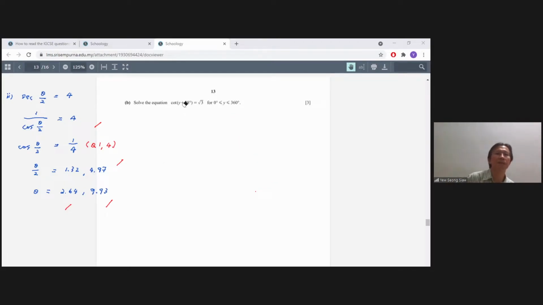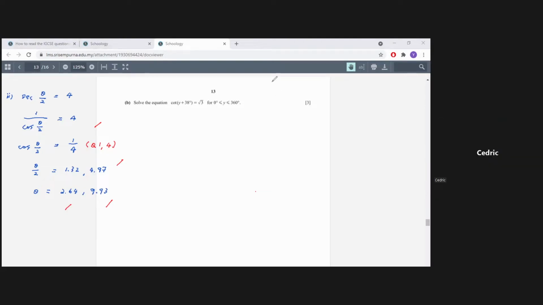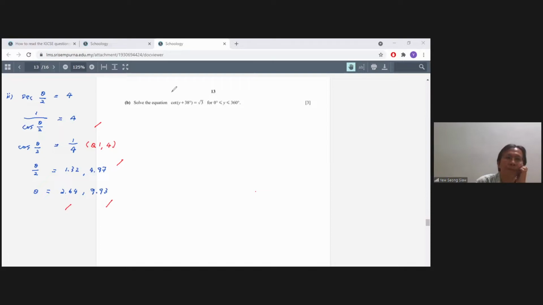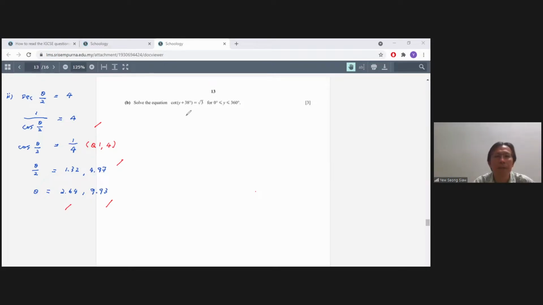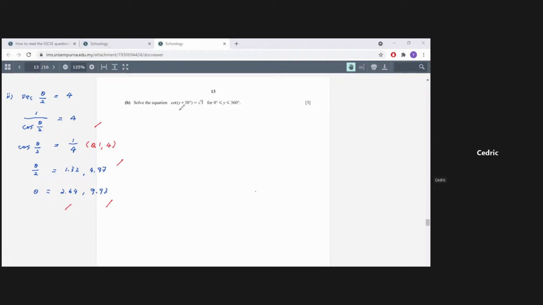Sigrid, can you do this? Cotangent is what? 1 over tangent.